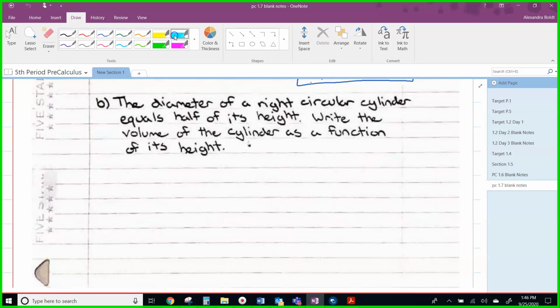Okay, so again, I know I need to use volume, as a function of its height. So I'll have h equal our height.